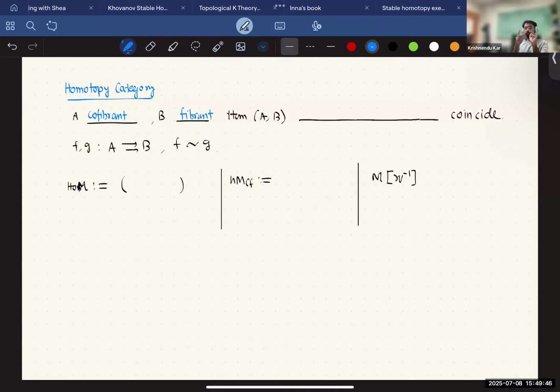Between any 2 objects in the model category, we can define left homotopy and right homotopy. The thing is that if your A is cofibrant and B is fibrant, then these 2 homotopies coincide, giving you the notion of homotopy equivalence.